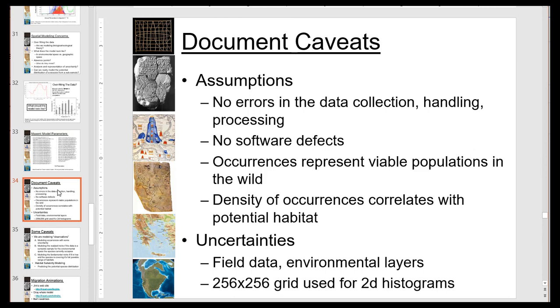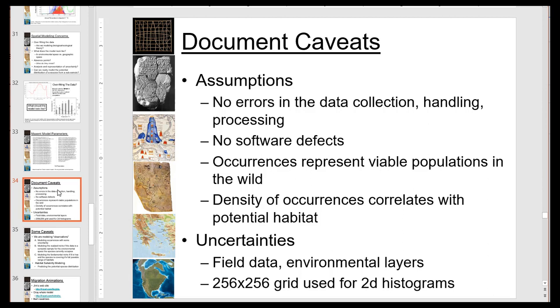So what I recommend with all modeling is to document the caveats. Any assumptions you have, errors, software defects, occurrences represent viable populations in the wild. So these are all assumptions that we have, and they're usually violated, right? Occurrences represent viable populations. Well, yeah, not always. Density of occurrences correlates with potential habitat.